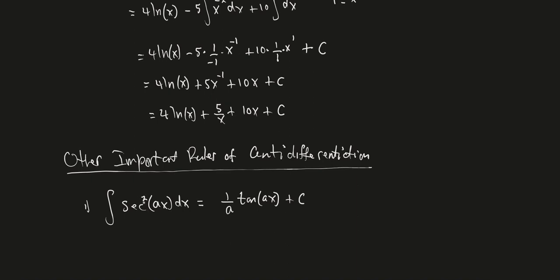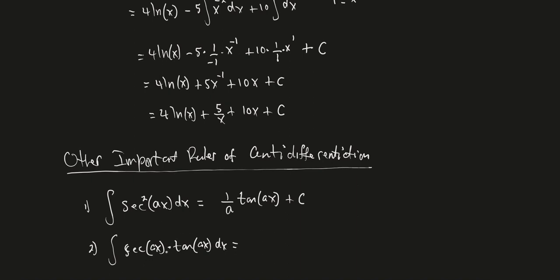And this again is a rule. So if you have a term that involves secant squared, and you have to find its antiderivative, that's going to end up being tangent, and then you have to adjust for any additional constant you might have, right? Let's do one more trig one. I'm not going to do all the trig ones, but let's say we have something like secant ax times the tangent of ax dx, and we want to find its antiderivative.